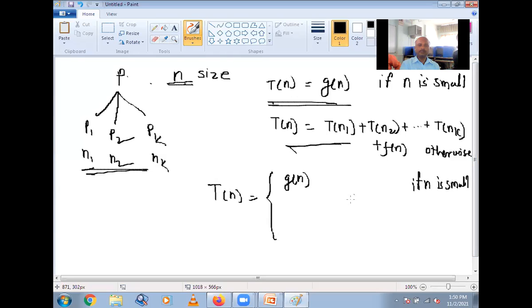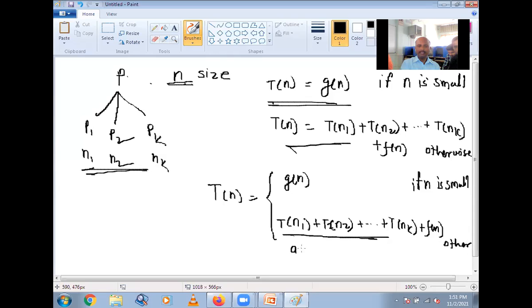If this condition becomes false, then T of n1 plus T of n2 plus T of nk plus f of n, this is for otherwise. And instead of this series, we can write a into T of n by b plus f of n as it is.